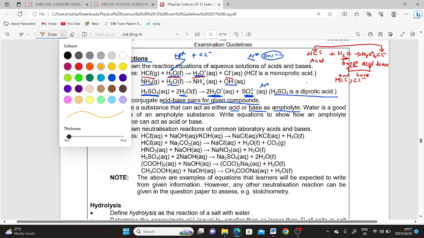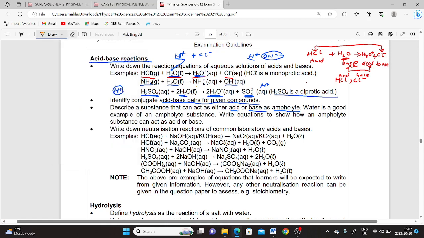Let's color code this. Right, let's look at this. We have NH3 here and then H2O. But look at what is happening here. The H2O on the other side becomes OH minus. So when it becomes OH minus, it means it has donated the hydrogen to the other.